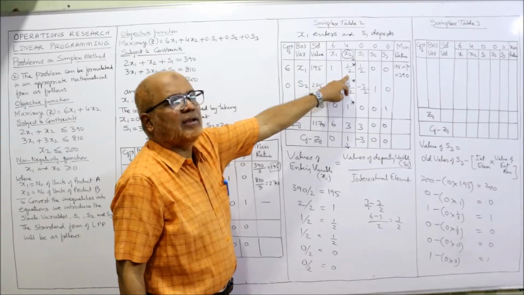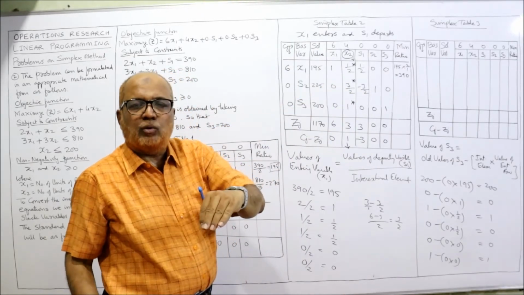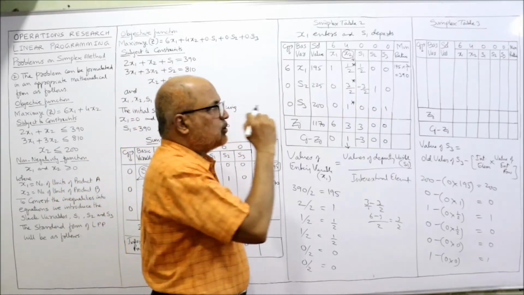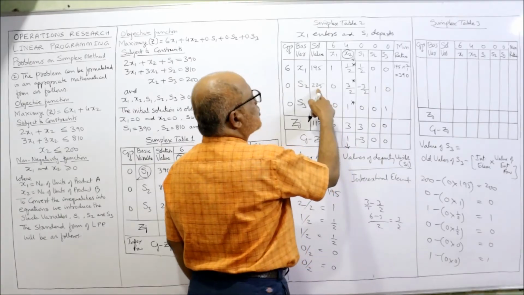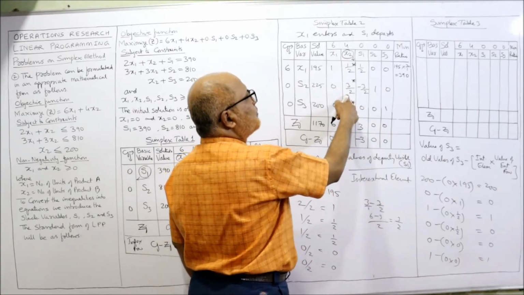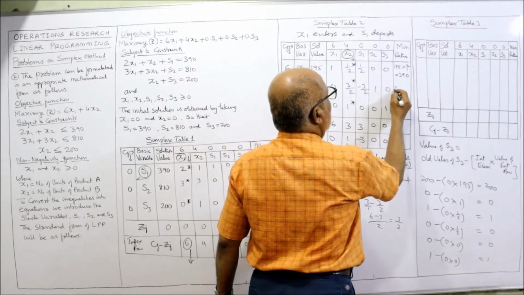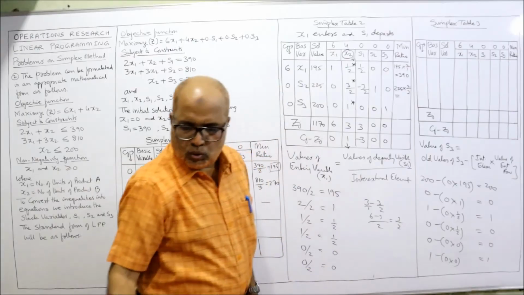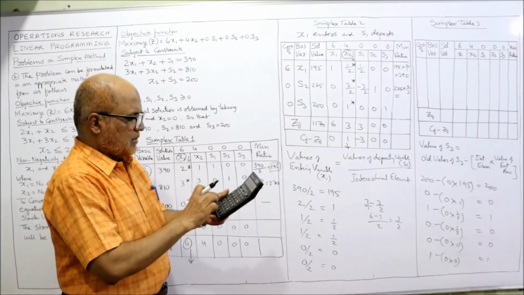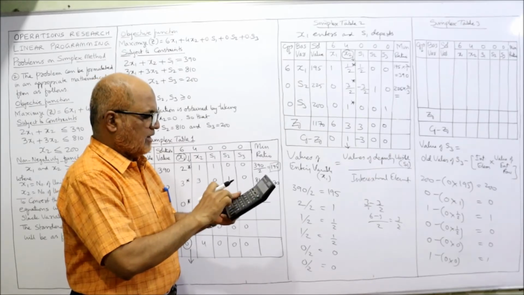195 divided by 1 by 2. When we divide by 1 by 2, if we multiply, it will become 2 by 1. So easily we can take 195 into 2 by 1, 390. Similarly, 225 divided by 3 by 2. So if we multiply, it will become 2 by 3. So 225 into 2 divided by 3.